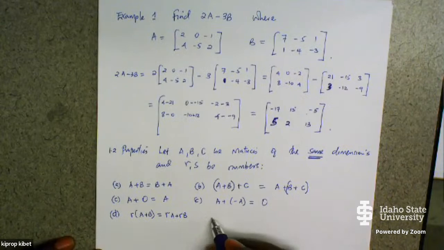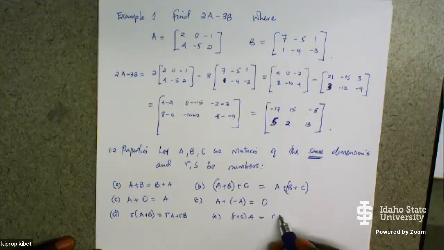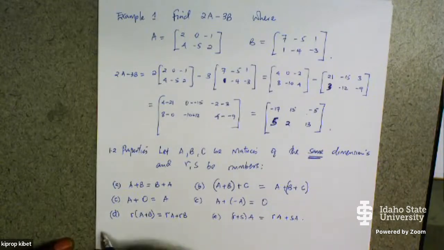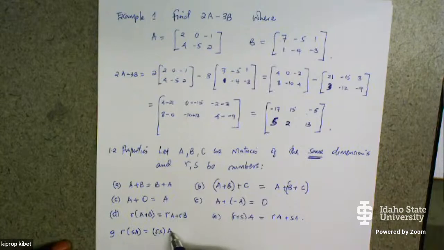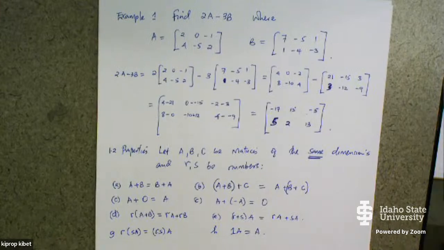R, B. Then number E, R plus S, and then we have our A, is the same as R, A plus S, A. Then number G, R, S, A is the same as multiplying RS, and then you multiply by A. And then number H, when you have the identity multiplied by A, it is the same as what? A. So these properties are just the same as the ones we had in the vectors.